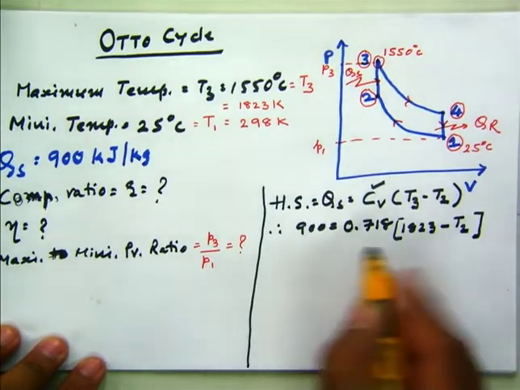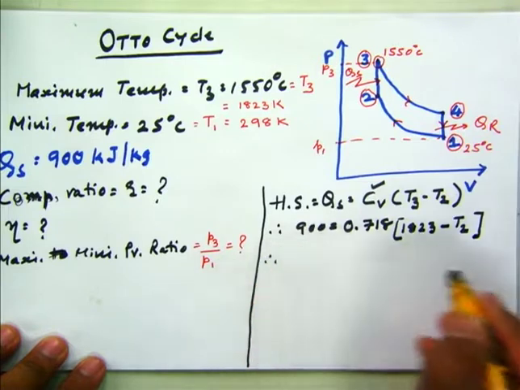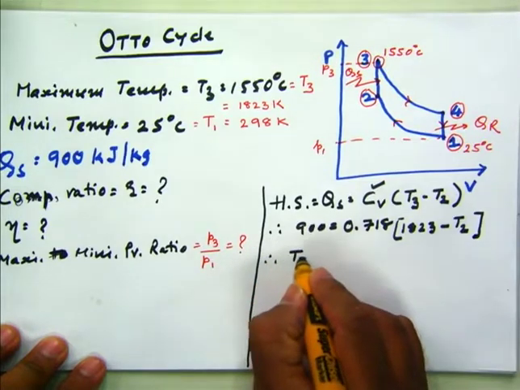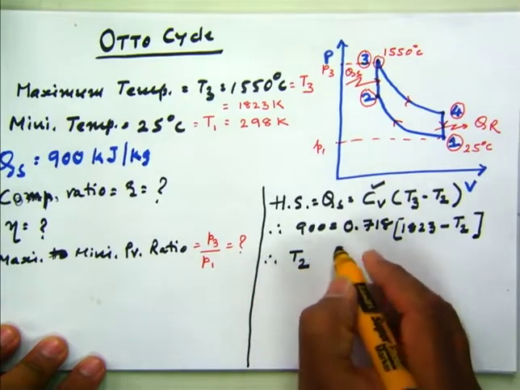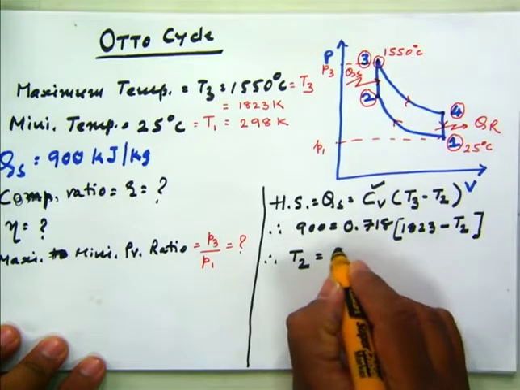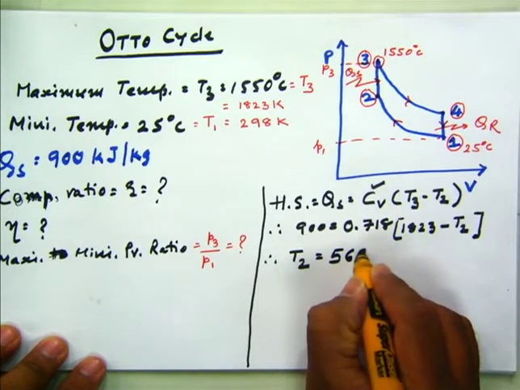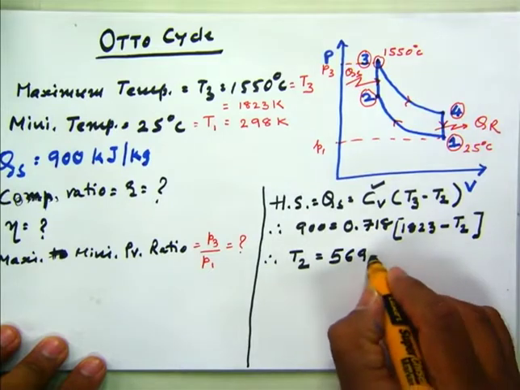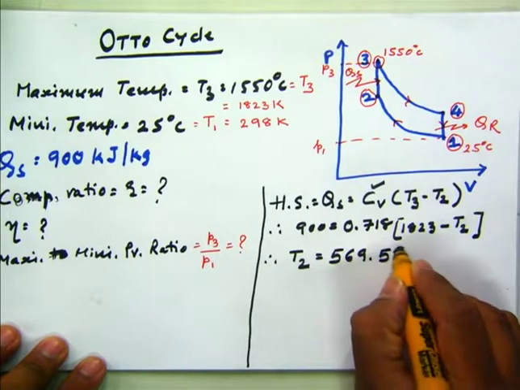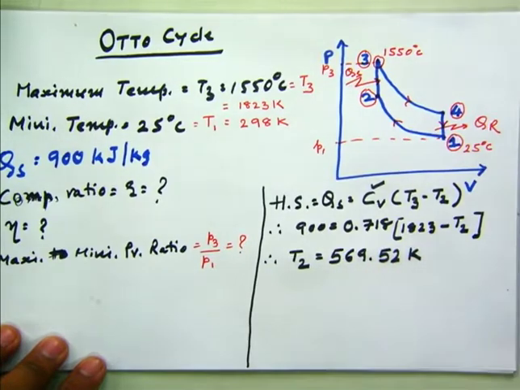If you solve this and simplify, you will get T2 equal to 569.52 Kelvin.